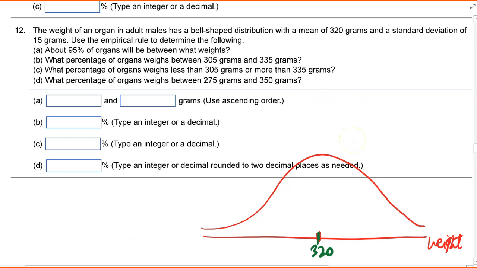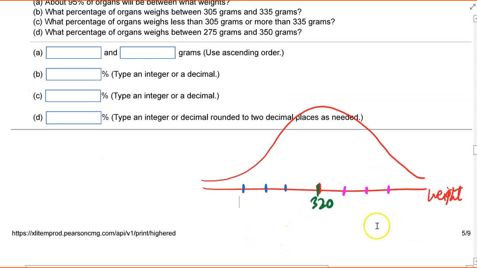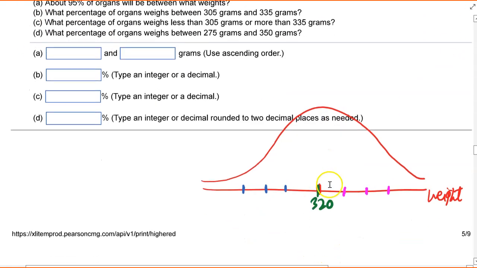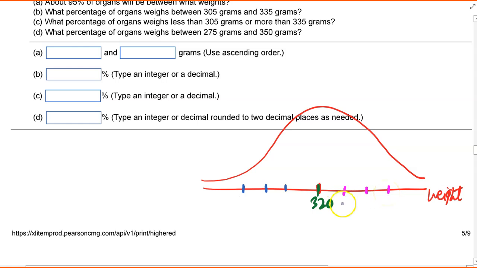Now you have to label this point, this point, this point, and down this point, this point, and this point. Notice that this is 1 standard deviation above, 2 standard deviations above, 3 standard deviations above, 1 standard deviation below, and so on. Let's find this point. Since 320, if you add the standard deviation 15, that means 15 plus 320 is 335. If you add 15 to 335, you get 350.